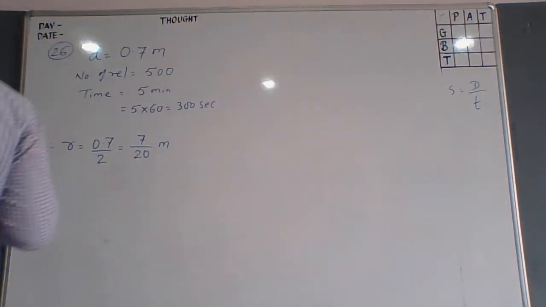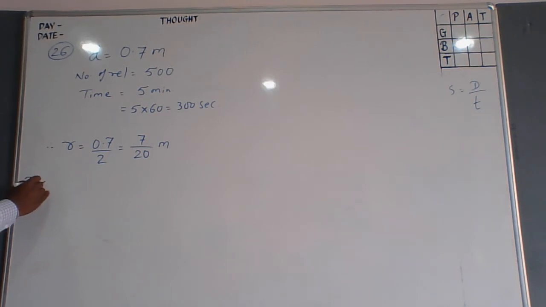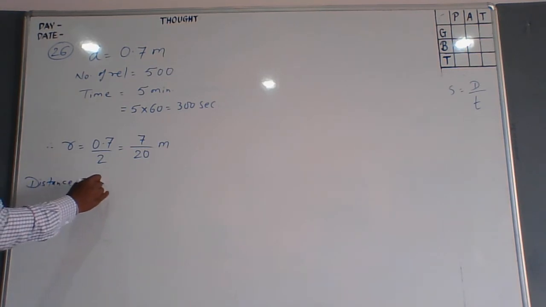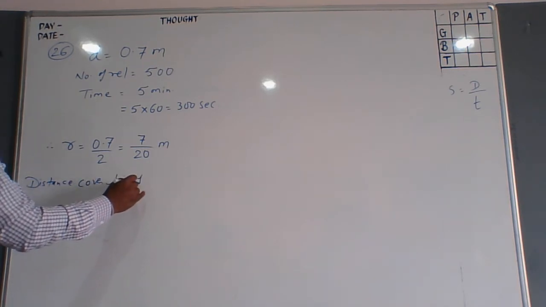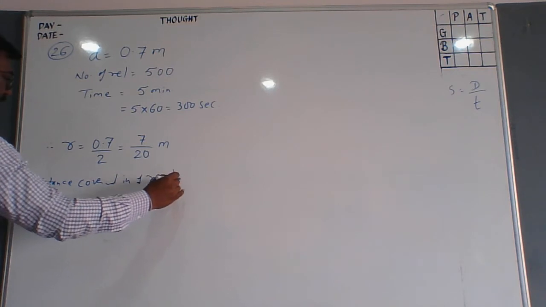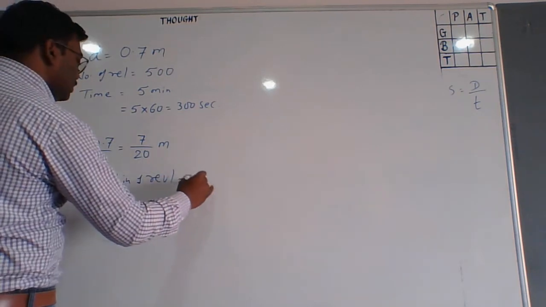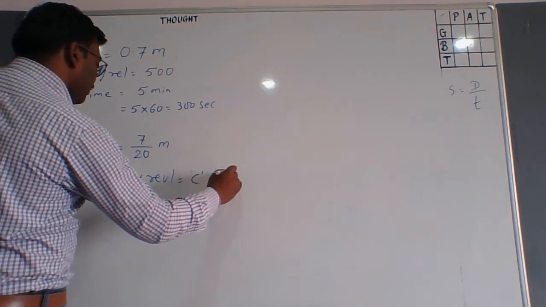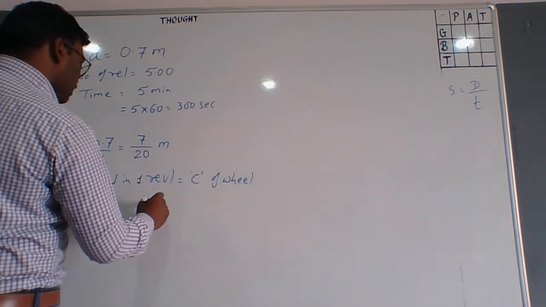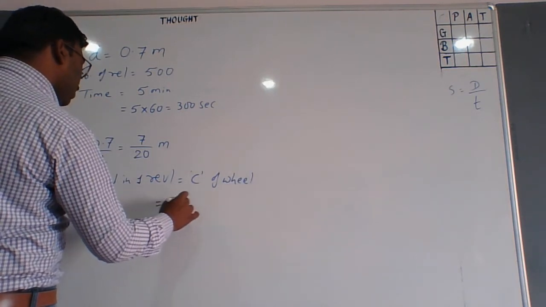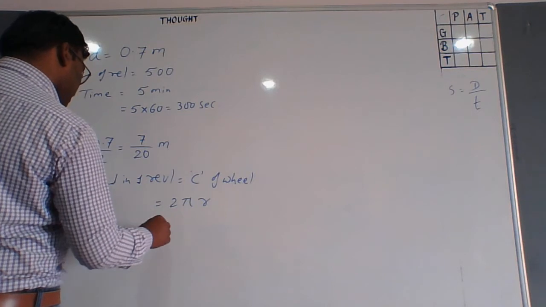So we can say that the distance covered in one revolution equals the circumference of the wheel. For circumference, the formula is 2 pi r.